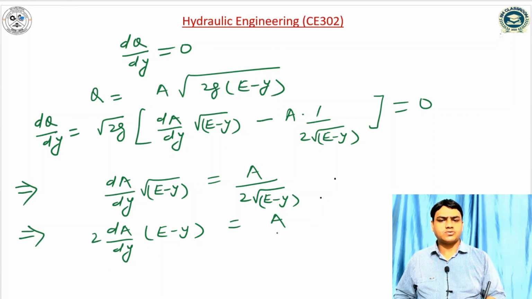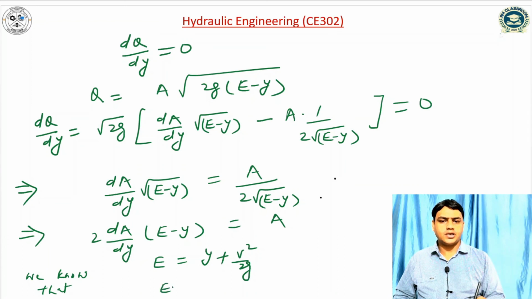We know that specific energy is equal to y plus v square by 2g. So we can write E minus y is equal to v square by 2g.